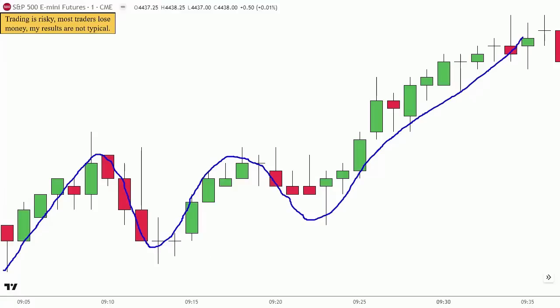So as you can see, this one, for example, continues to go on for a long way. So we could say, well, this half cycle is short. That half cycle is short. That half cycle is short. That half cycle is long. So they expand and they contract. They're not mathematically even. It's not the same number of bars. It's not the same number of minutes. And how you measure this, well, that's where my cycle indicator comes in and can help you with that.